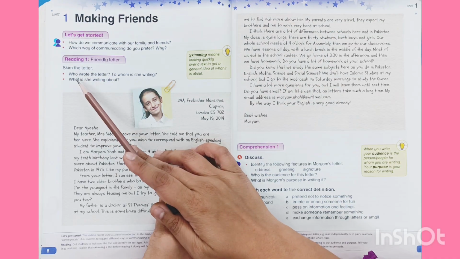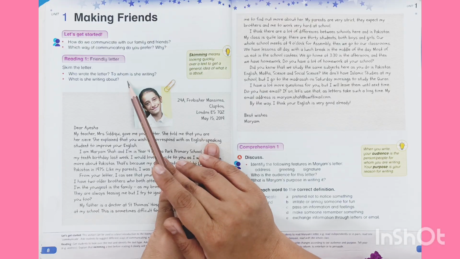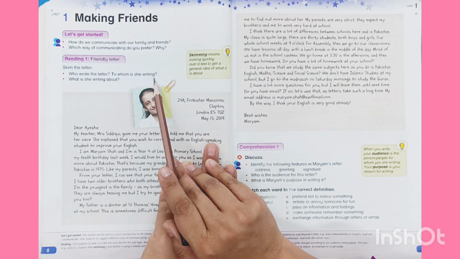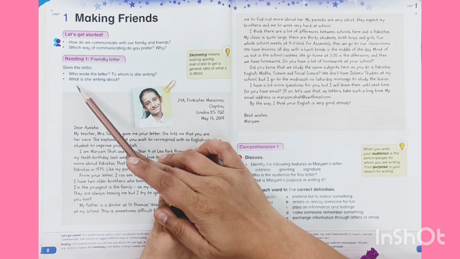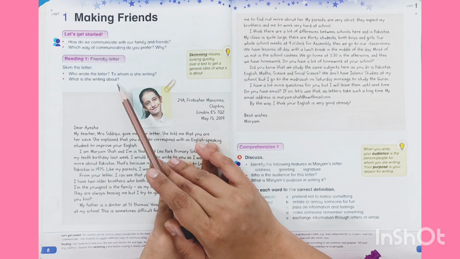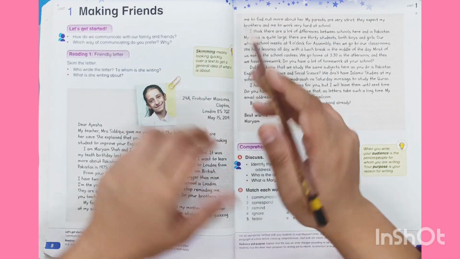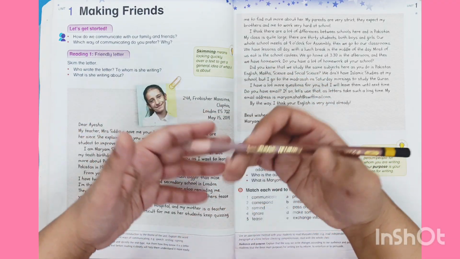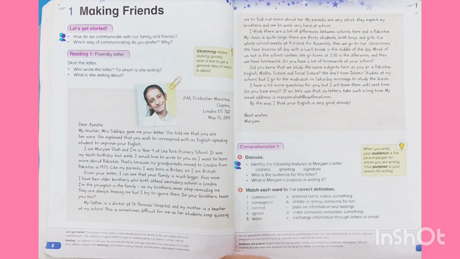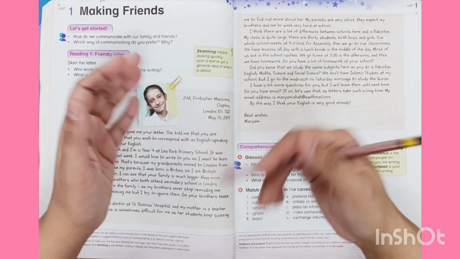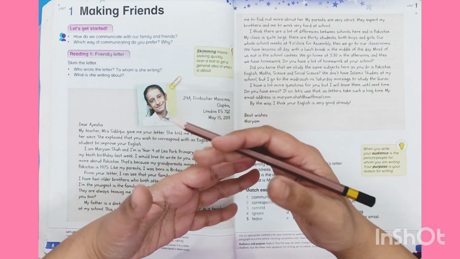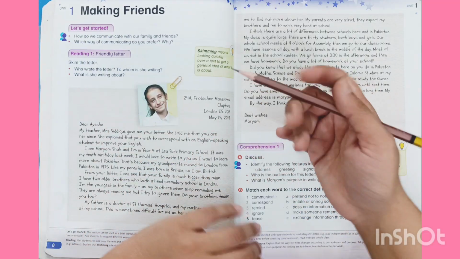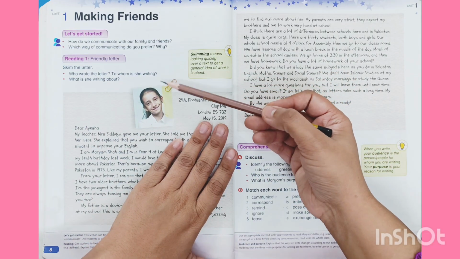Skim the letter. Who wrote the letter? To whom is she writing? What is she writing about? So we have to take out the answers to these questions given at the start of the text.